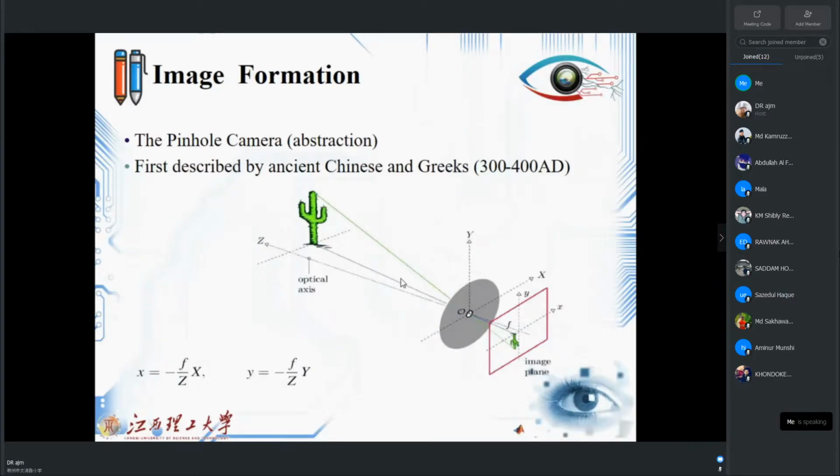And maybe some painters still use this pinhole idea, and you know that there is some math behind that, that it will show that in X we have F divided by Z multiplied by X, and also for the Y, we have this.